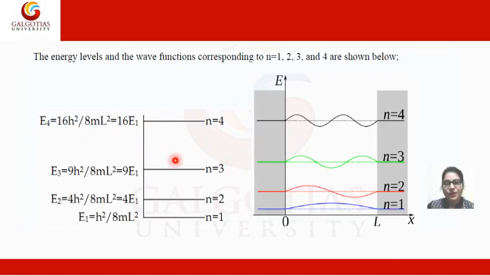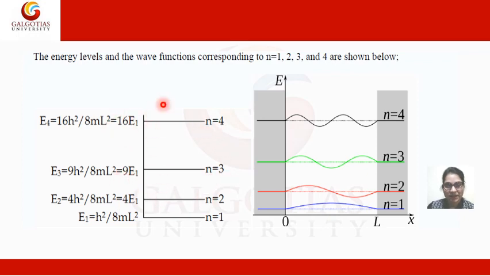If we draw our wave function, you can see the energies for each particular quantum state. For n equals 1, our ground state energy will be h squared upon 8mL squared. For n equals 2, it is 4 h squared upon 8mL squared, that is 4 E1, for n equals 3, 9 E1, for n equals 4, 16 E1.